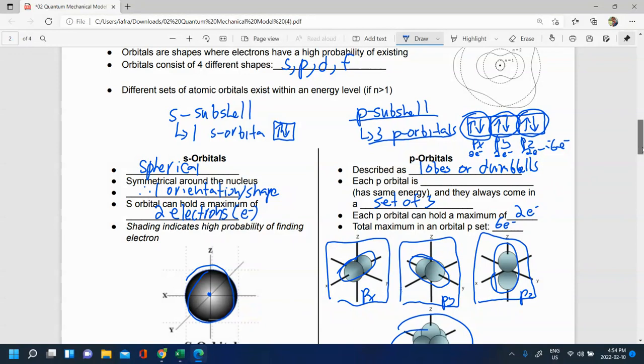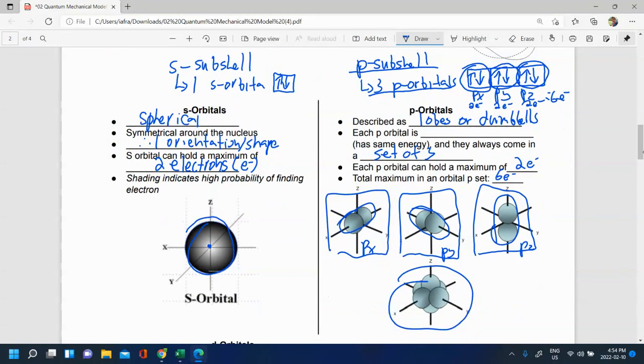The other idea I want you to get is that typically the s subshells have less energy than the p, and the p have less than d, and d less than f. So it's least for s, then p, then d, then f is the most. So the energy in the subshells will increase. Now there are exceptions, of course, but that's for the most part. That's the generalization.